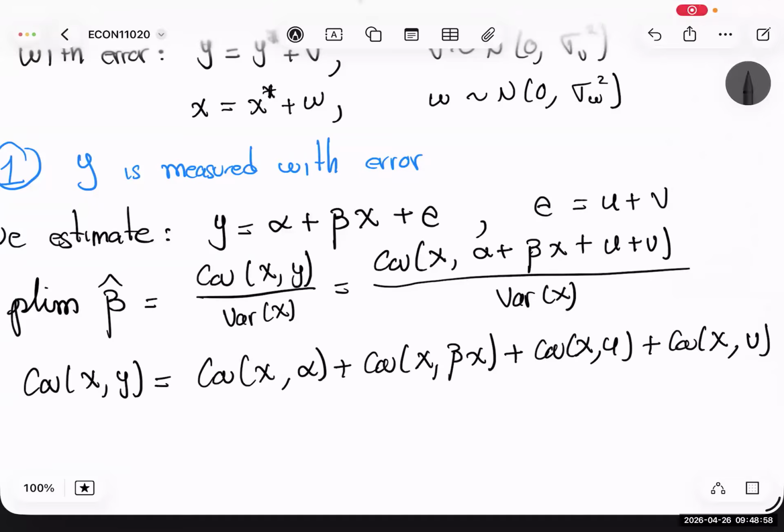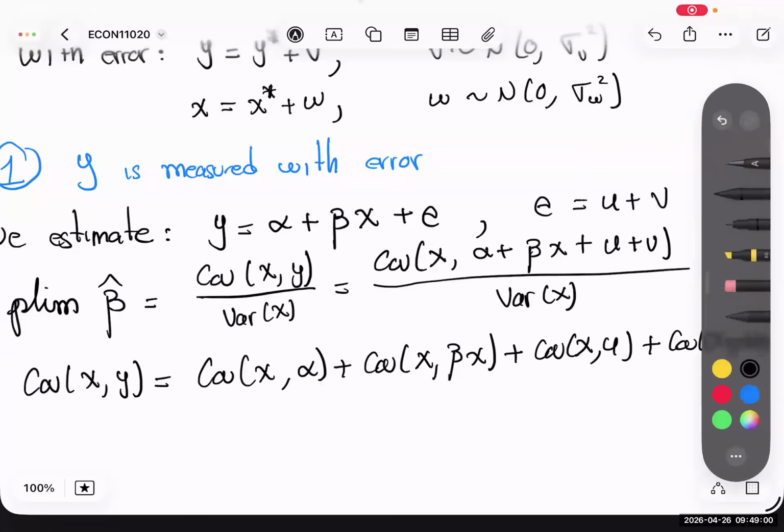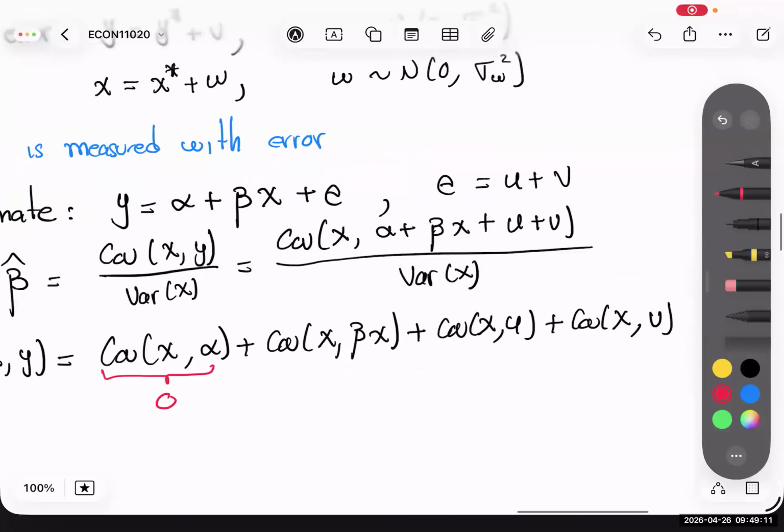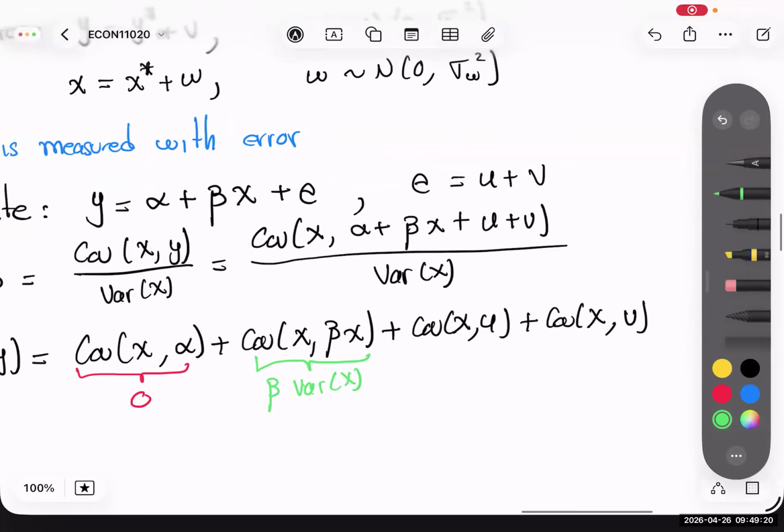Now we can simplify some of this because this is 0. Same as before, the covariance between a random variable and a constant is 0. We already know that this will be beta times the variance of x. I'm going to skip that step now, because we explained it before.